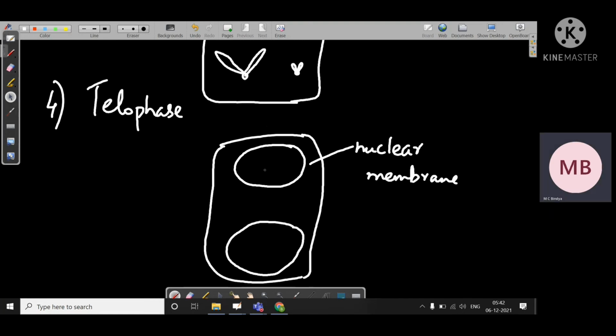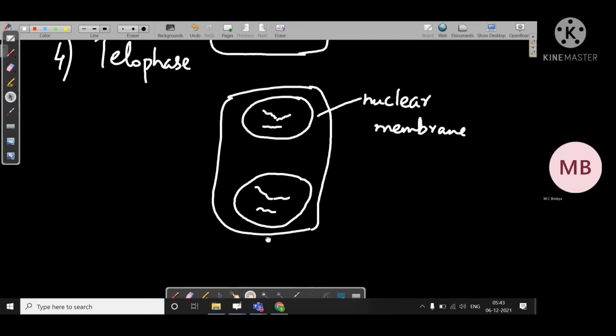But the chromatids are not in a condensed form, they are in the decondensed form, thin thread like. So, this is the end of karyokinesis. Followed by this, the cell will divide.